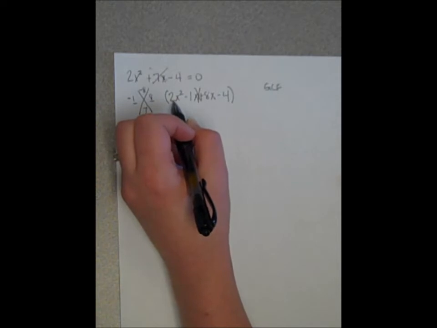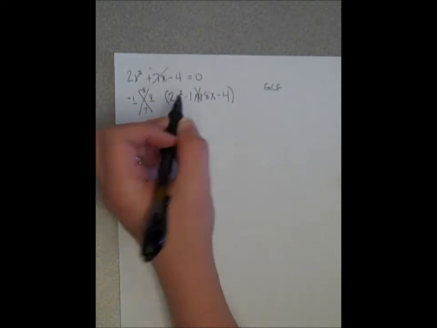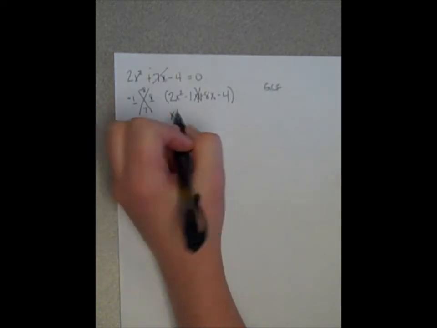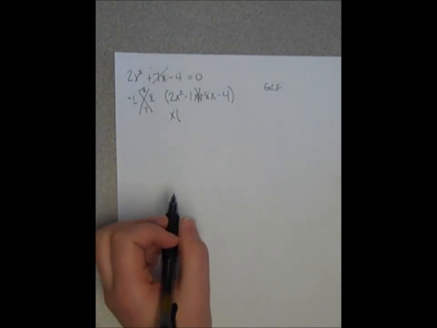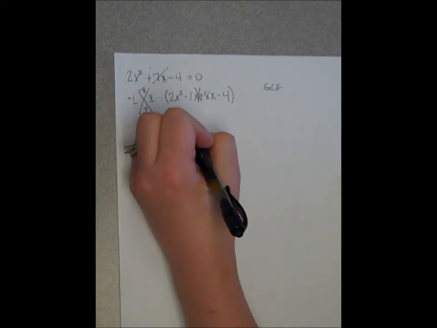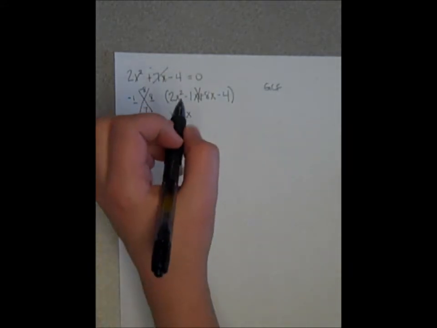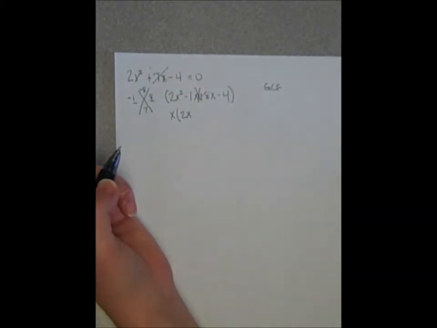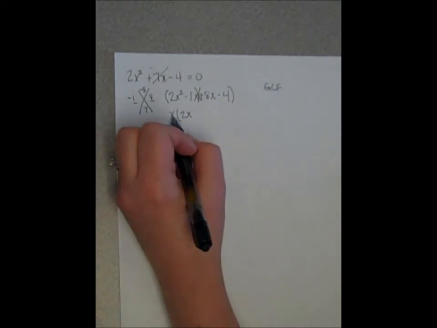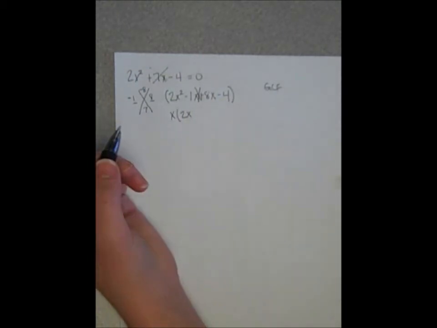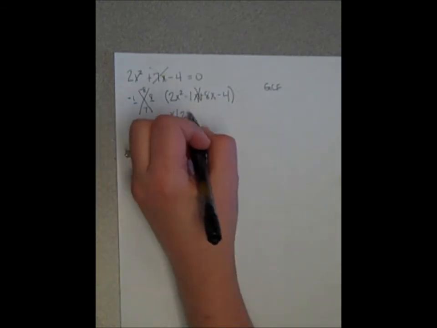In this case, the numbers are 2 and 1, so it's just plain old x. So take the x out. If I take an x out, I still have a 2, and I still have the other x. If you're not sure if you're doing it right, think about distributing it back together and making sure it goes back right. X times 2x is 2x squared, so you know you did it right.